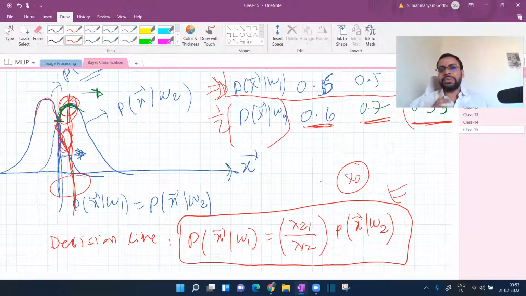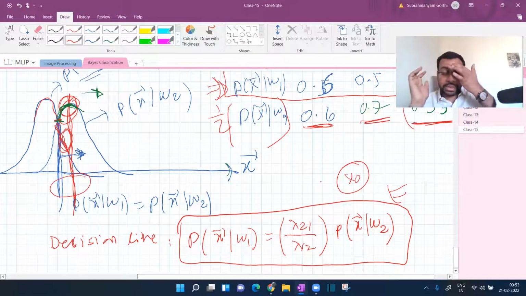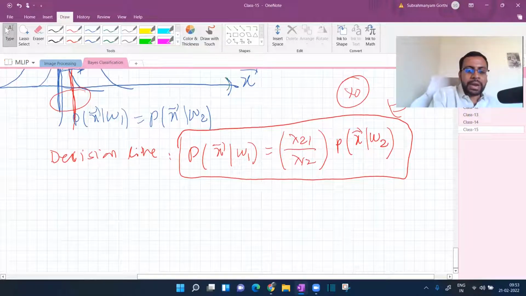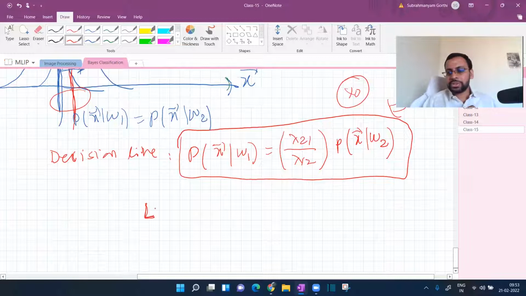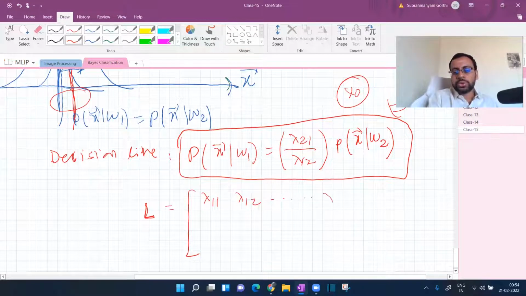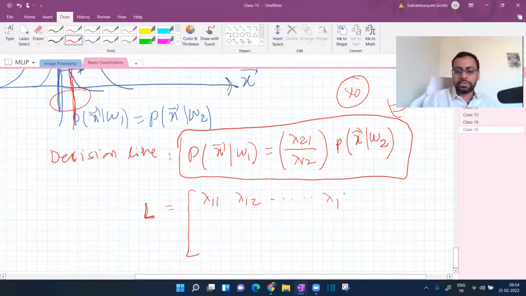This means, at the end of this whole thing, of course, we did quite a few things. You have got a generalized expression. And by the way, all those lambda values are represented as a loss matrix. This comes from statistical signal processing and communications also, where you call it lambda 11, lambda 12, and so on, lambda 1m if there are m classes.